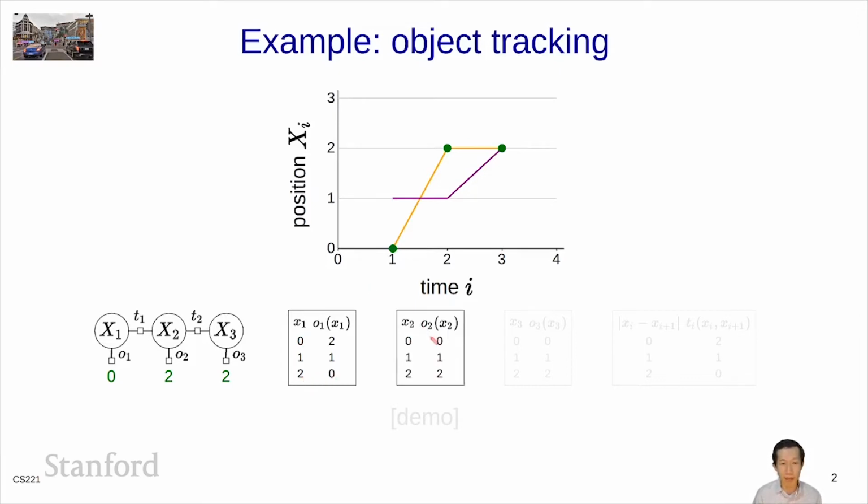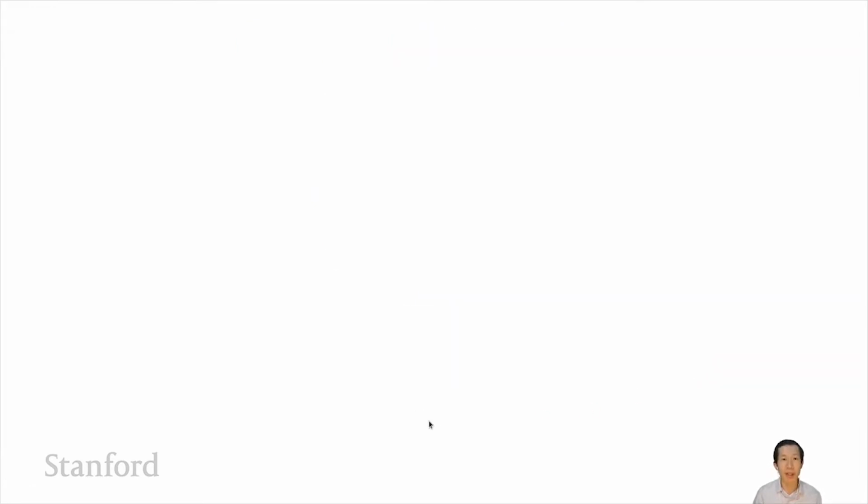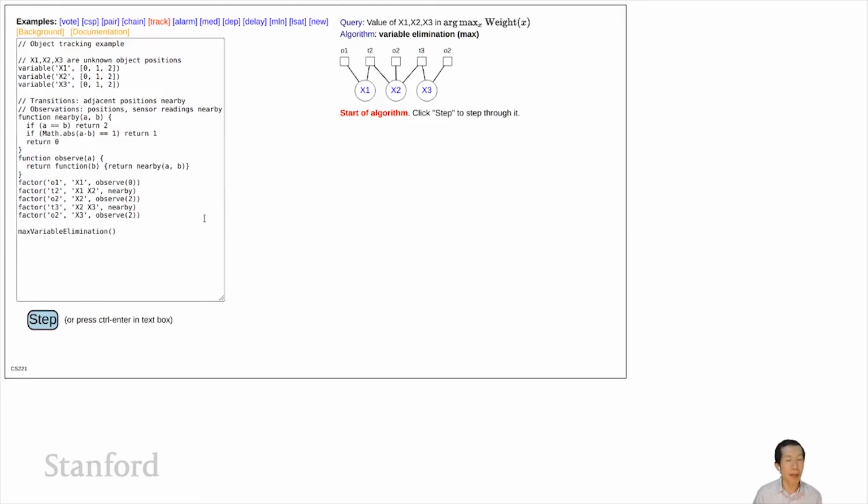Similarly, O2 favors x2 equals 2, O3 favors x3 equals 2, and finally the transition factors T1 and T2 favor adjacent xi's which are close. So a distance of 0 will get a weight of 2, whereas a distance of 1 will get 1, and so on. You can click on this demo to actually play with this CSP. We'll come back to this in a bit.